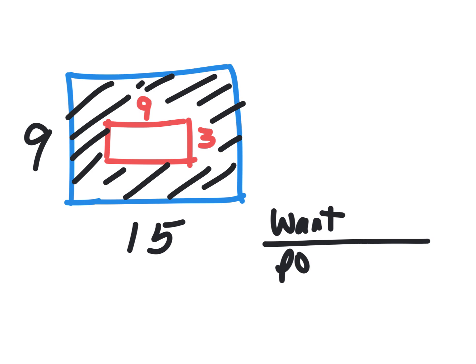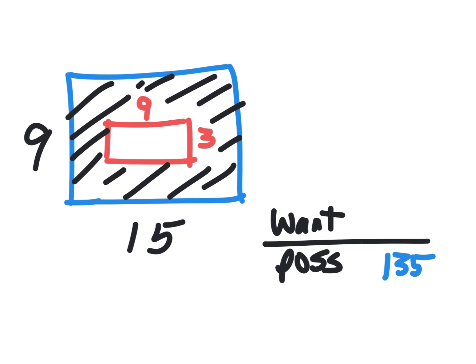All right. Then it's always what you want over what's possible. And what's possible is 9 times 15. I'm not good at that in my head, but I can do it. 9 times 10 is 90. 9 times 5 is 45. So it's 90 plus 45, so that'd be 135. Can anybody verify that I did that right? Cool. Then what I want is not just the 9 times 3.